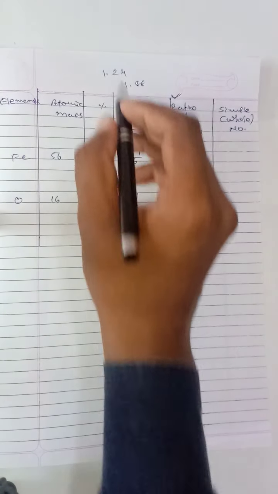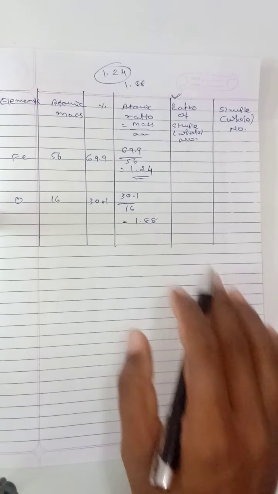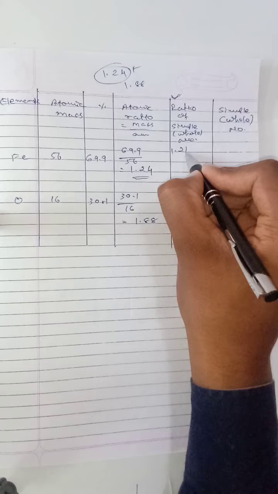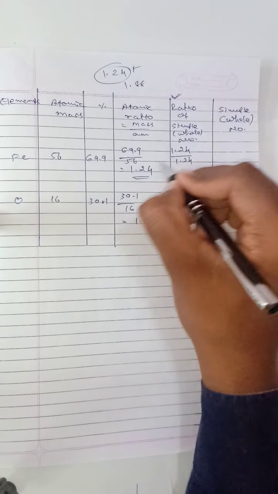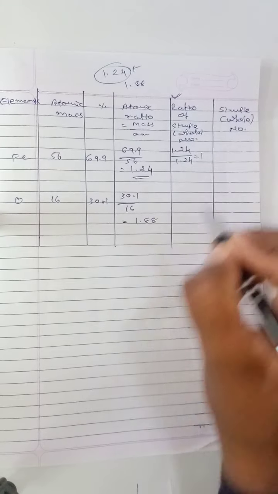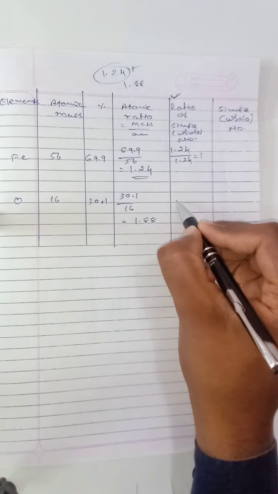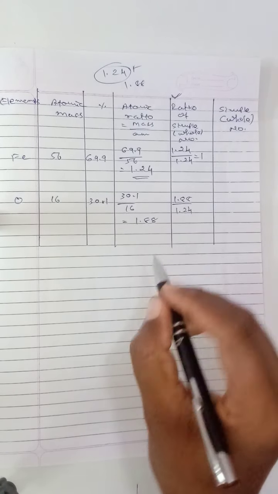From this data, 1.24 and 1.88, this 1.24 is the least value, so we can divide by this value. 1.24 divided by 1.24 will be equal to 1, and then 1.88 divided by 1.24.